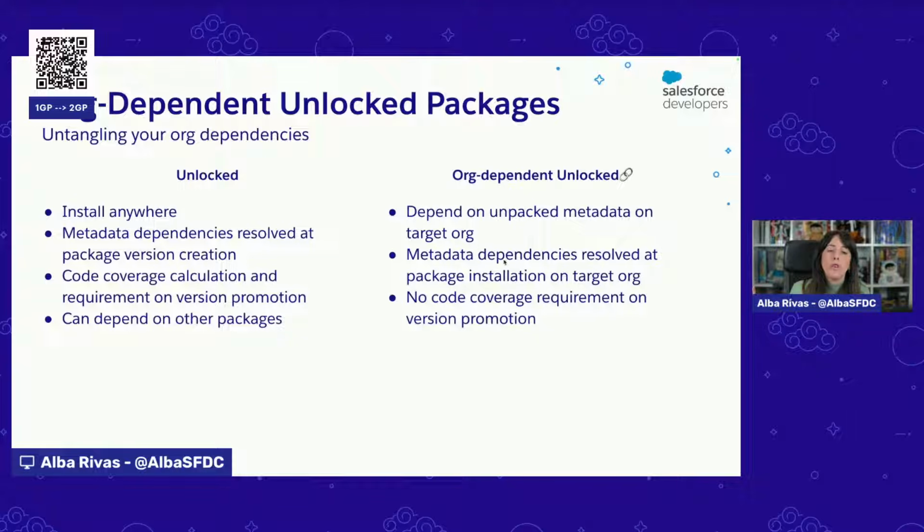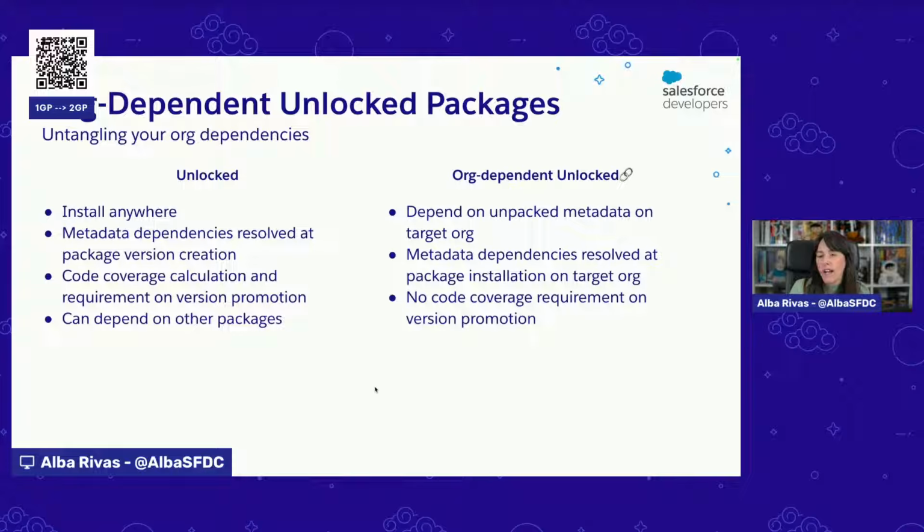But when you do the same with org-dependent unlocked packages, as there's no metadata dependencies resolution, the tests are not executed and you don't know the percentage of code coverage that that package has. So the only way that you have to check that coverage is by installing it into the target.